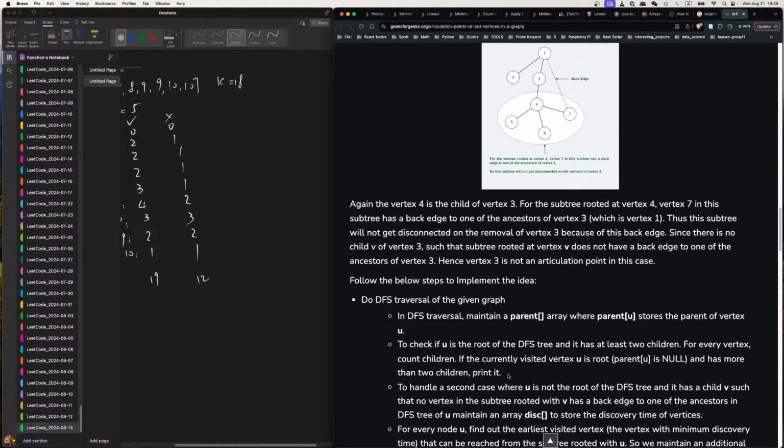What if we have like a square and we start from something? Count children.